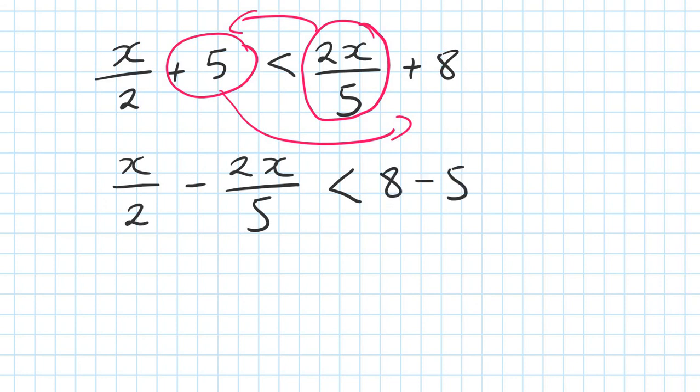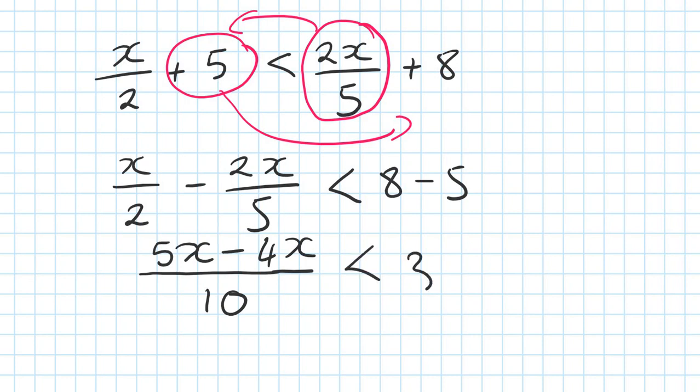Now the common denominator is 10. So we just write under 10, and then from 2 to 10 is 5 times, so the top must be times by 5, so x times 5 is 5x, and then 5 to 10 is 2 times, so I double the top as well, so minus 2 times 2 is 4, so 4x, which is less than 3.